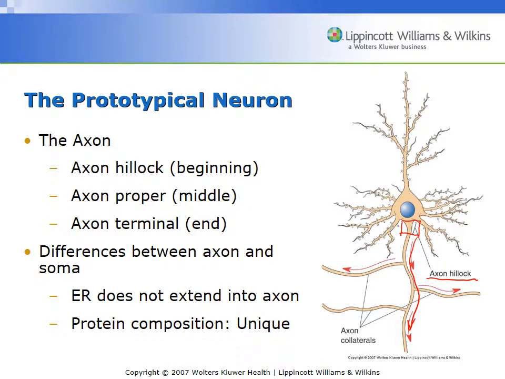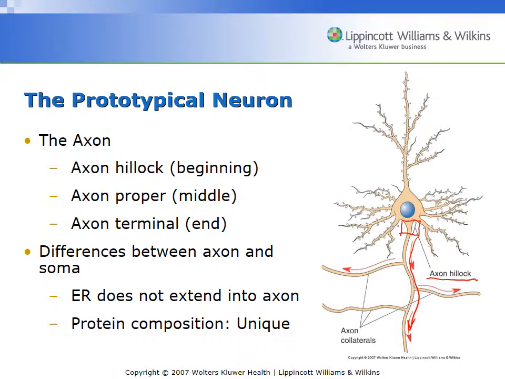There are some differences between, obviously, the composition of the axon and the soma, and noteworthy ones include that there is no ER in the axon. There are no free ribosomes, or very few free ribosomes in the mature axon.